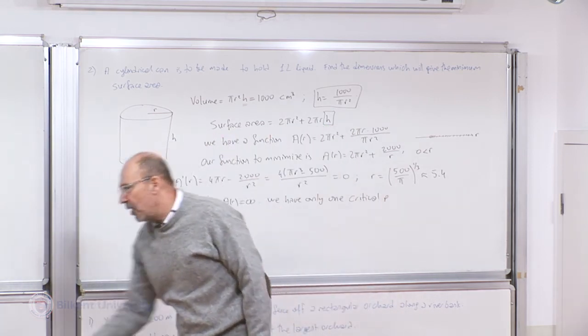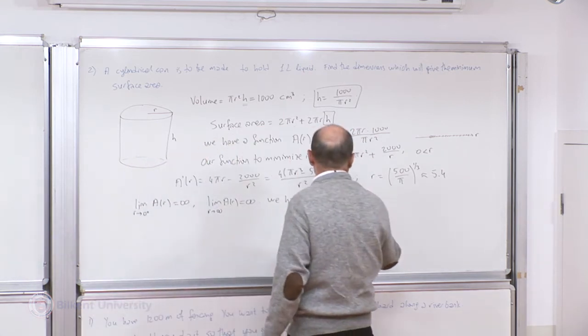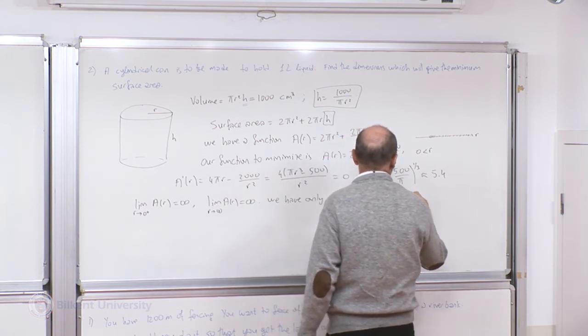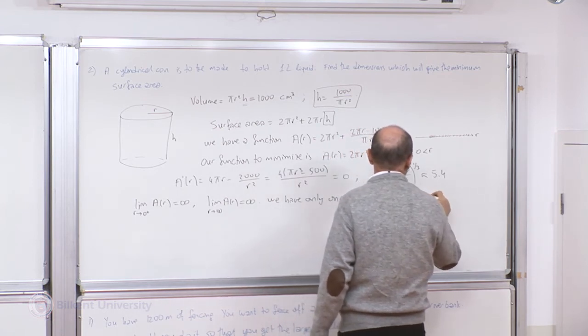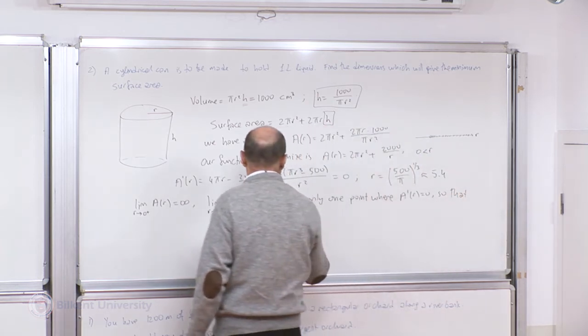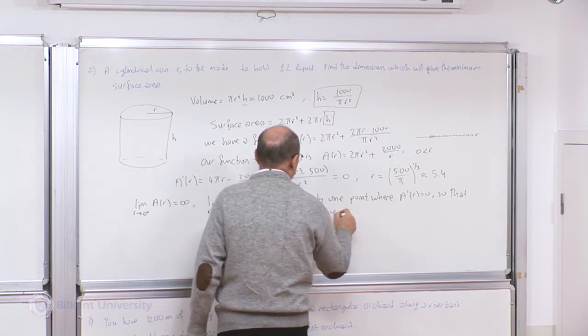Actually, one point where the derivative vanishes. Okay, only one point where A prime r equals 0. So that point must give the minimum.